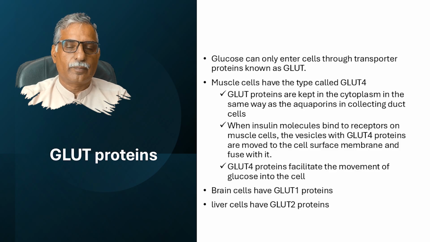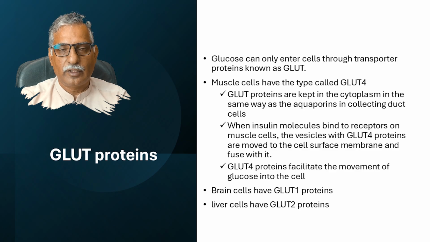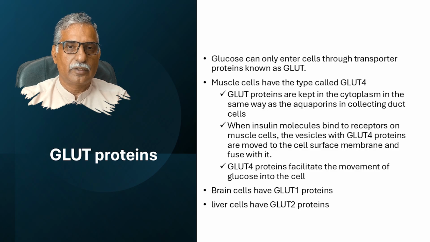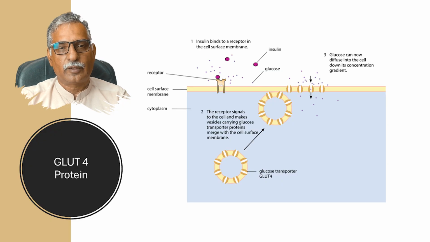In the liver cells, there are GLUT2 proteins. These are the transport proteins that allow glucose to enter the liver cells. Whereas in the muscle cells, these proteins are not available in the membrane, but rather are available as membrane-bound vesicles, or GLUT4 protein vesicles, in the cytoplasm.